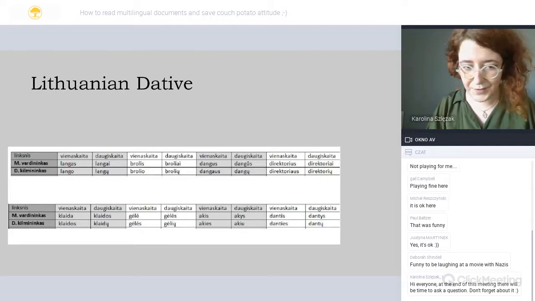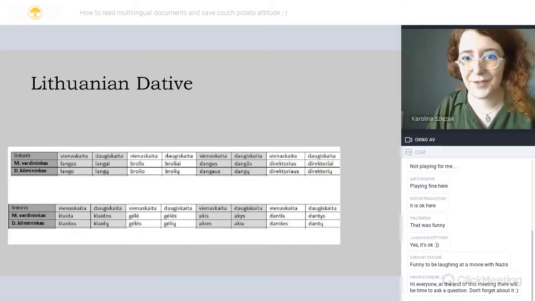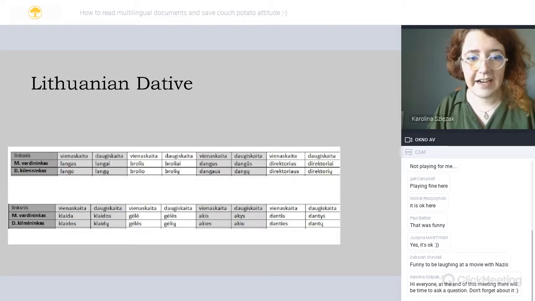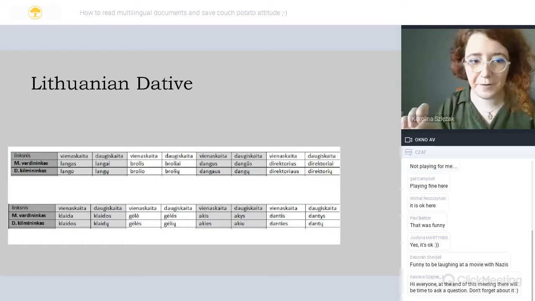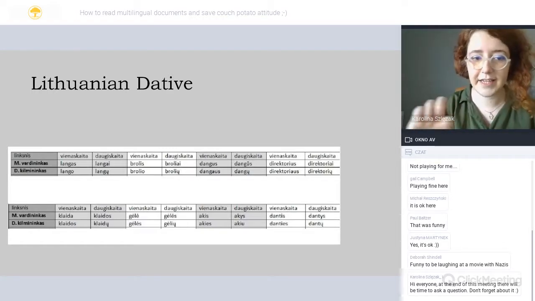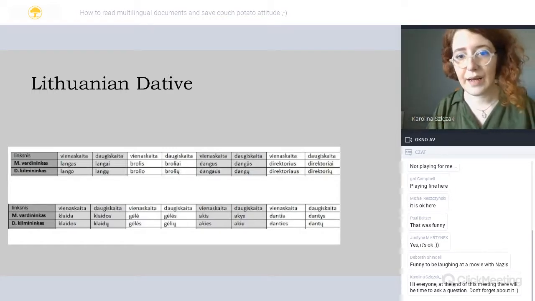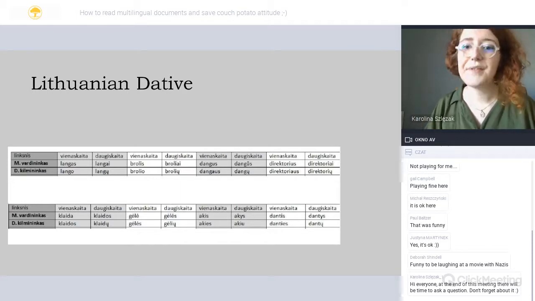here, just to take a look, no need to learn it by heart. We can see that there is a nominative form at the beginning, and the second line is the dative form.